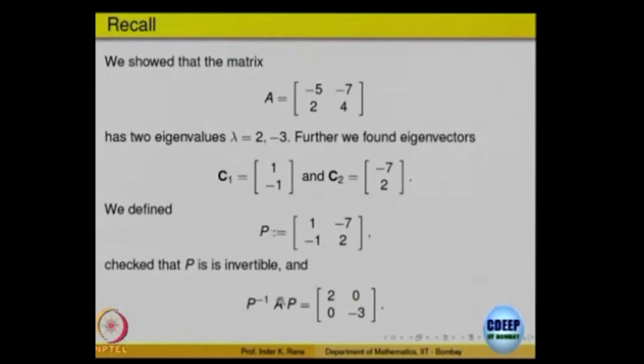And then we checked the property that P inverse AP is a diagonal matrix, with the diagonal being the eigenvalues 2 and minus 3. So this was the illustration of how to find a matrix which will diagonalize a given matrix A.